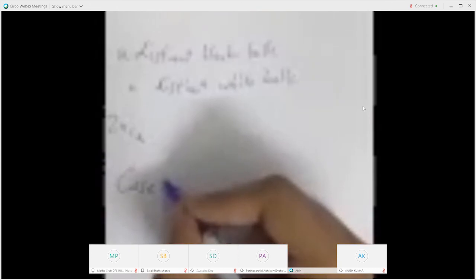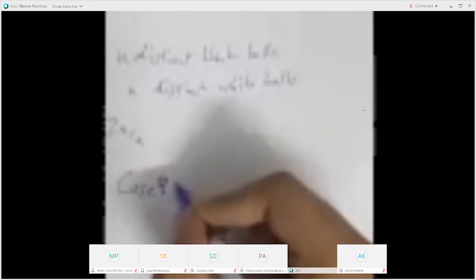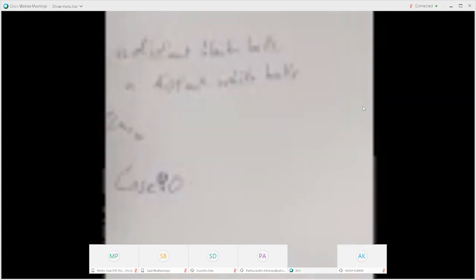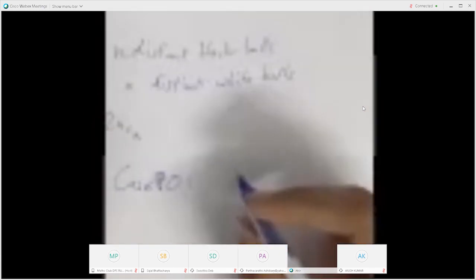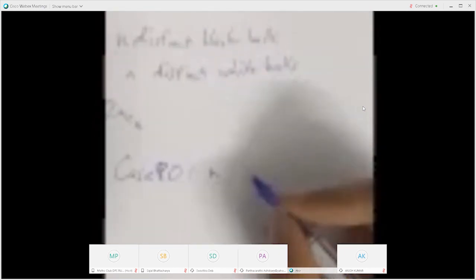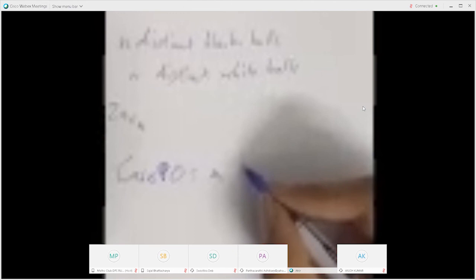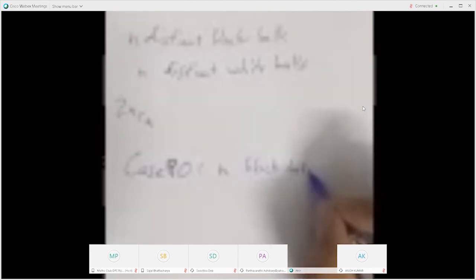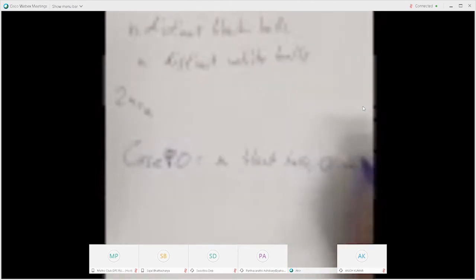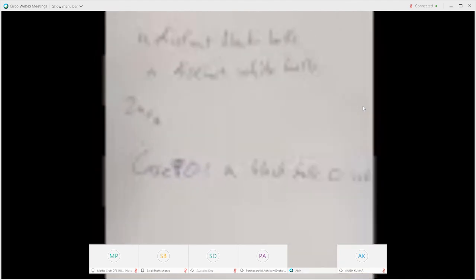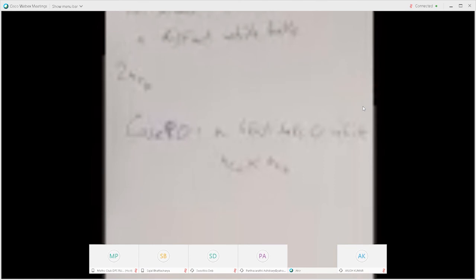So take the first case as case 1. Okay, let's call it case 0. So case 0 is we choose n black balls and 0 white balls. So in how many ways could we do this? We could do this in nCn into nC0 ways. Now let's take a general case.